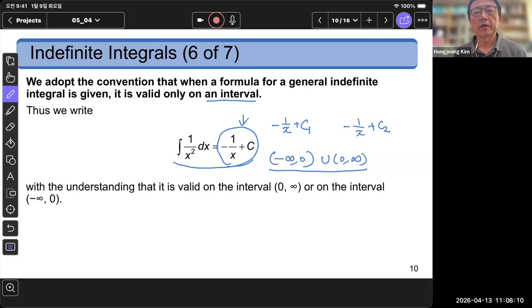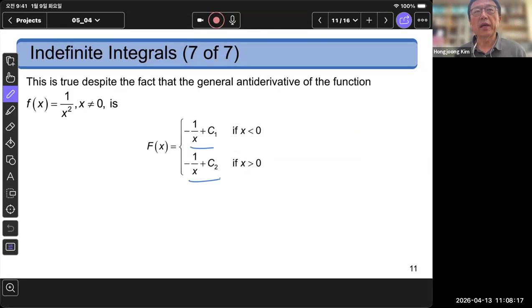But when you go back to your research field, you need to interpret that f of x to imply this: one c value on a certain interval, and possibly a different constant value on a different interval.